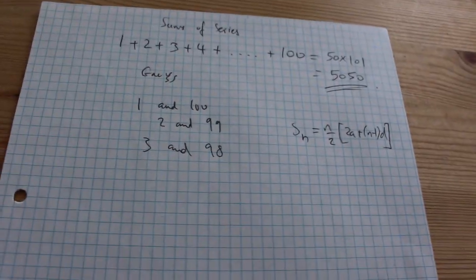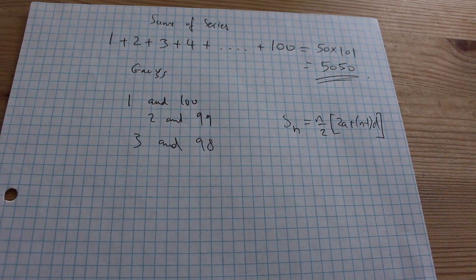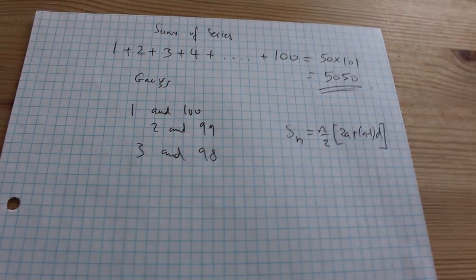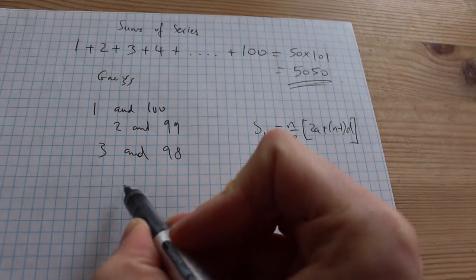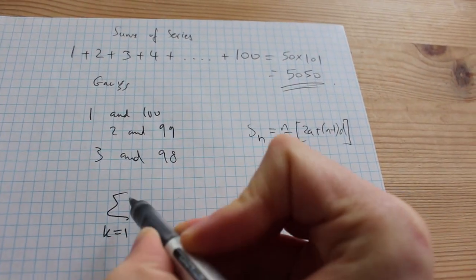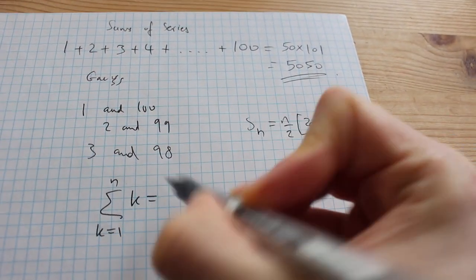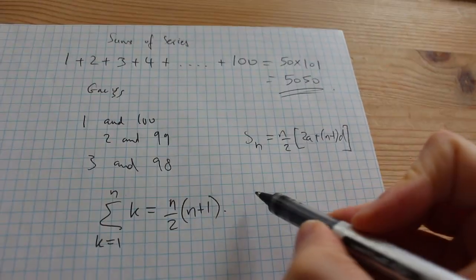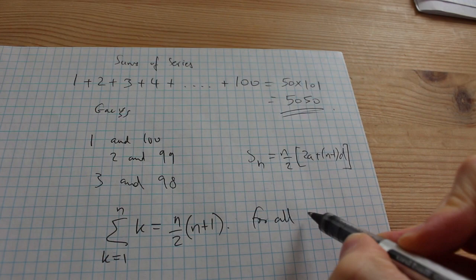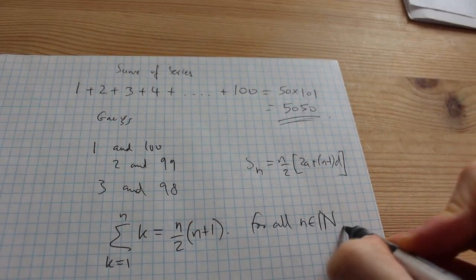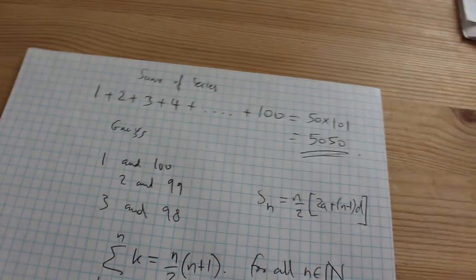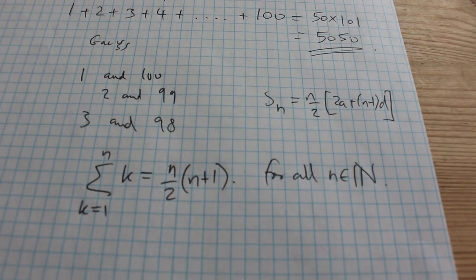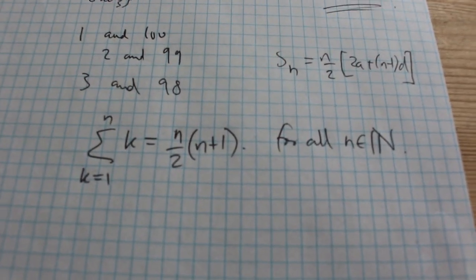Okay, so we've seen that before, and we know the sum from k equals 1 to n of k is a half n times n plus 1, and that's for all natural numbers n. Okay, so we've seen that before, and we know how to prove that formula.